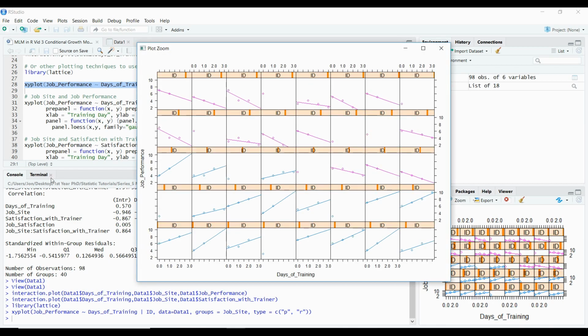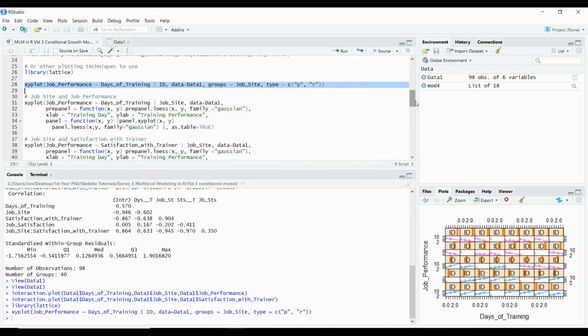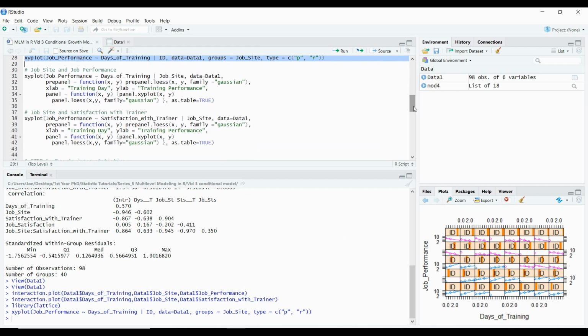And there we go. So in video number 2, where we saw an obvious decrease in some individuals and an obvious increase in others, we could see once it's color coded that job site number 2, which is that pinkish purple, is decreasing, whereas job site number 1 is increasing, which we saw from the interaction plots. And there are some other options here you can run as well.